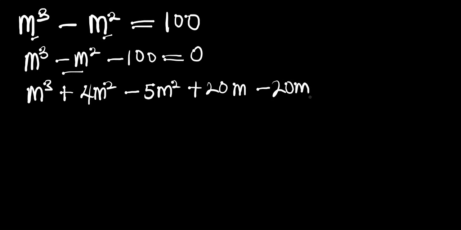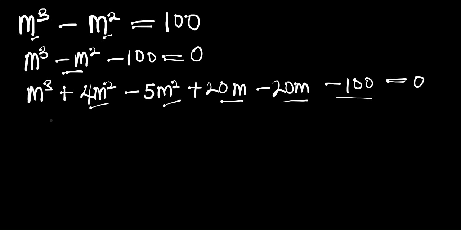This gives us 0, so we haven't changed anything, and we have minus 100, and this equals 0. If you have 4m squared minus 5m squared, you are going to have negative m squared, and 20m minus 20m will give you 0, and we have minus 100 here, this equals 0.